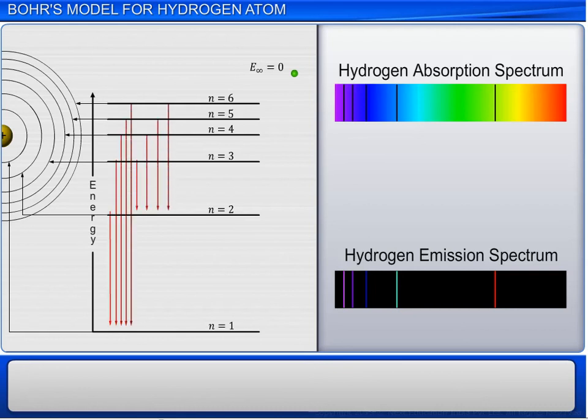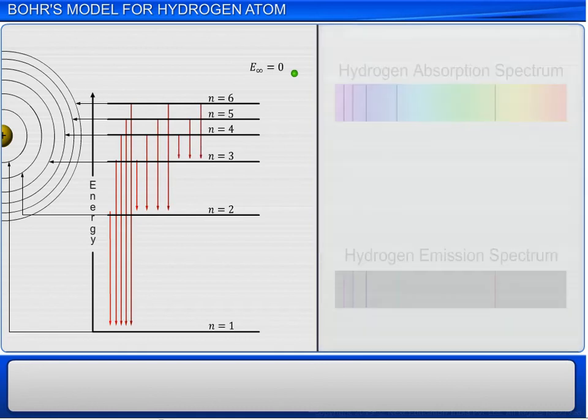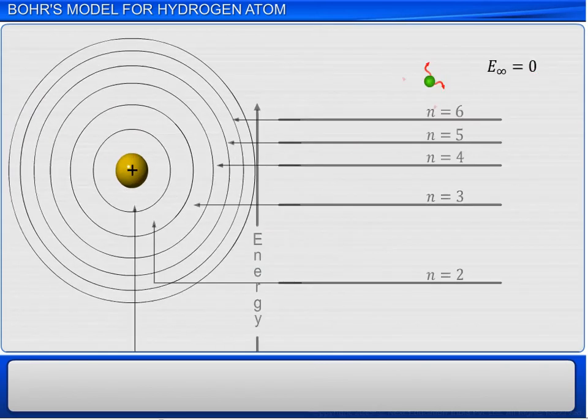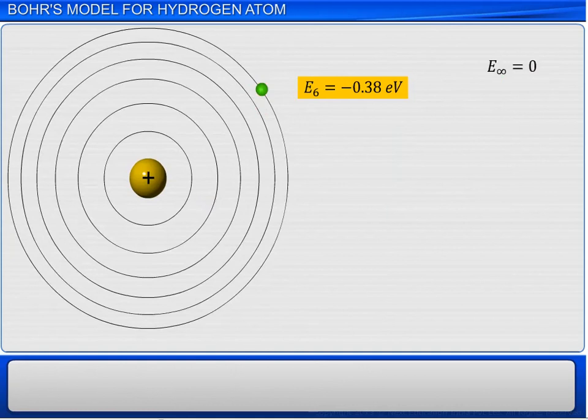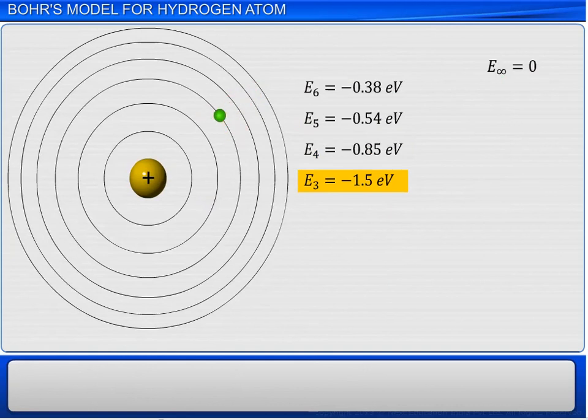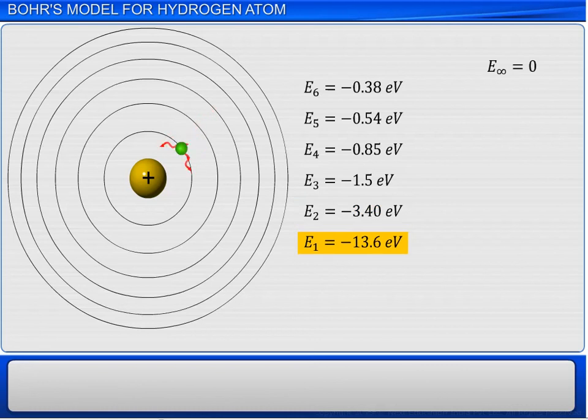Bohr's model also shows that the intensity of each spectral line depends upon the frequency or wavelength of photons absorbed or emitted. Because of the presence of multiple hydrogen atoms, a large number of spectral lines are observed.